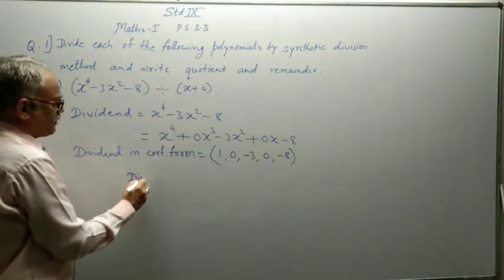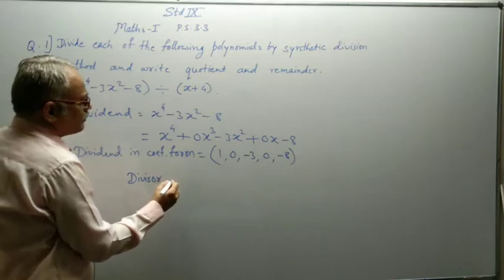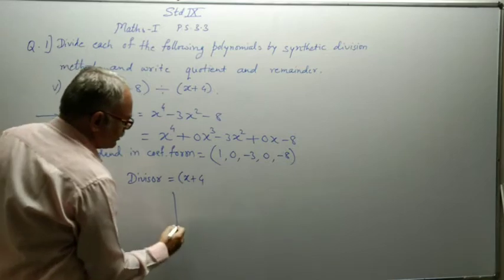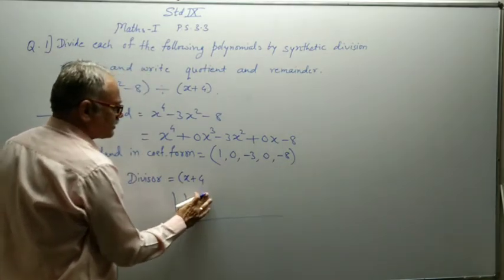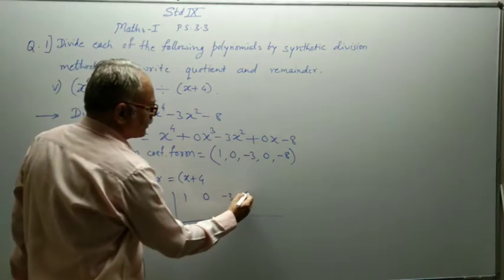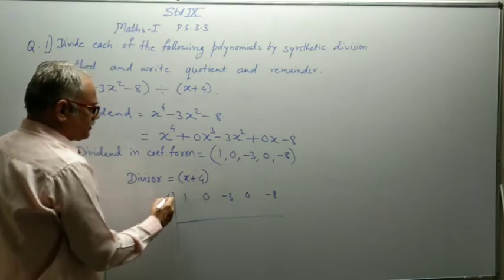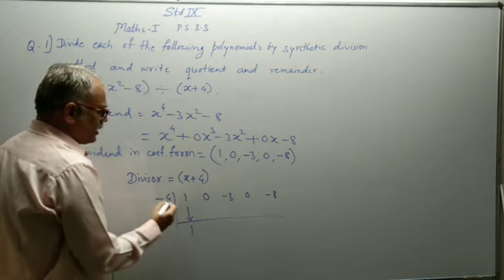Divisor is x plus 4. As it is x plus 4, we have to write minus 4 on the left side. Now for the synthetic division, write the coefficients of the dividend with gaps. Divisor x plus 4 means write minus 4 on the left side. First write the highest degree coefficient as it is down.